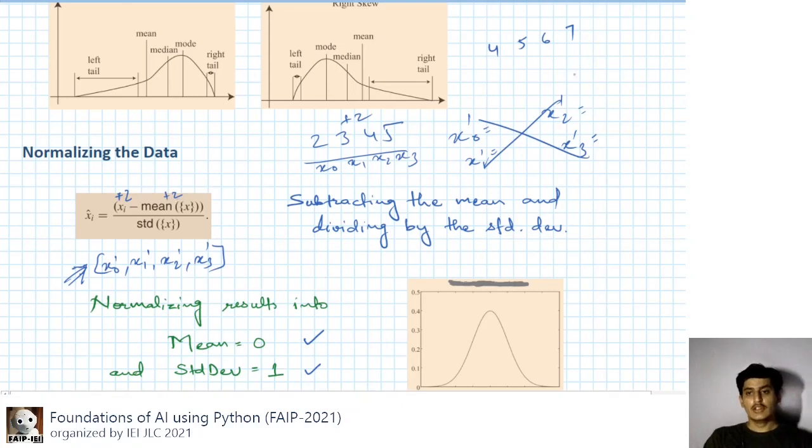And since the spread of the data has not changed, the standard deviation will remain the same, because while calculating the standard deviation, we do xi minus the mean of x. So it doesn't matter what the translation value is, it could be any plus k. The new values will be invariant to this k.